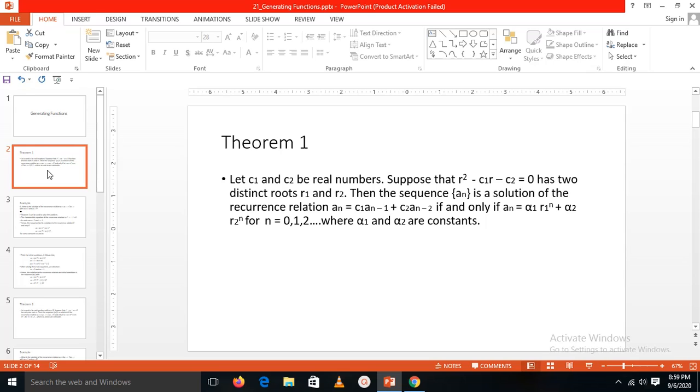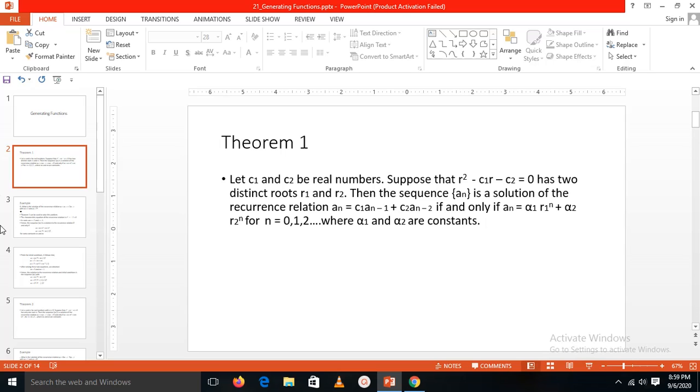What is that? C1, C2 are real numbers, and there is an equation r squared minus C1 r minus C2, and that equation has two distinct roots r1 and r2. Now by using this equation we have to determine whether the sequence a_n is a solution of this recurrence relation.